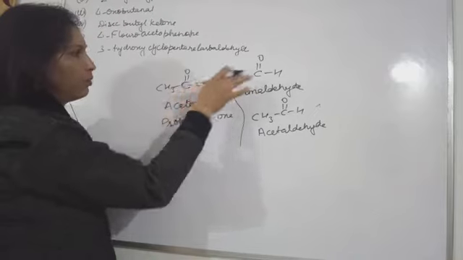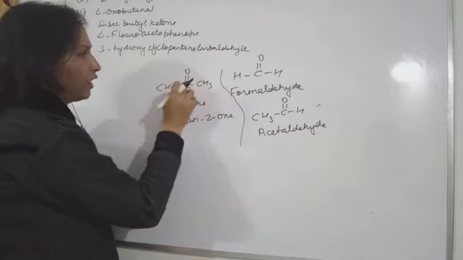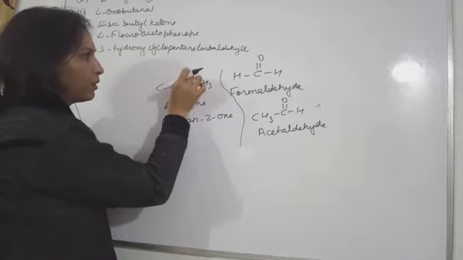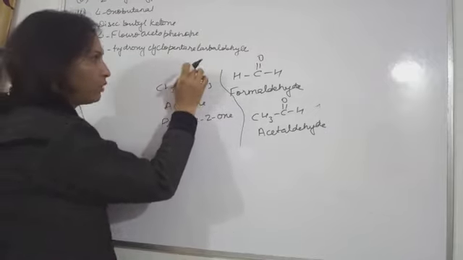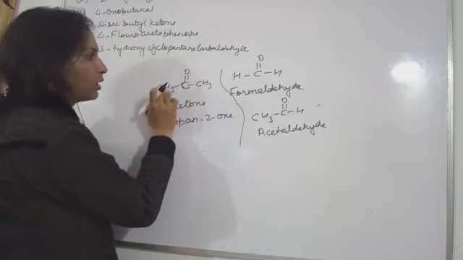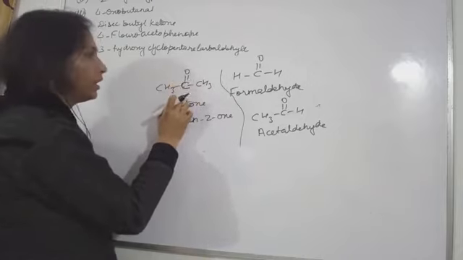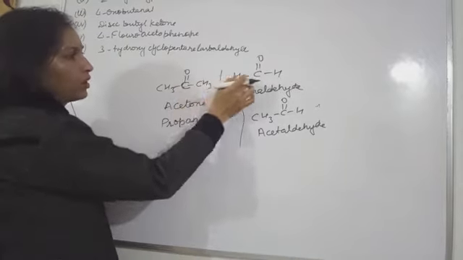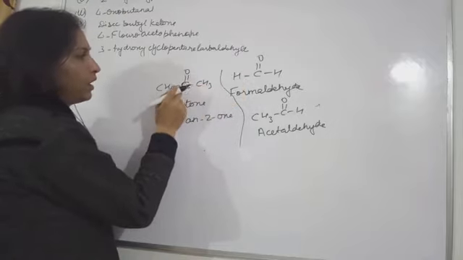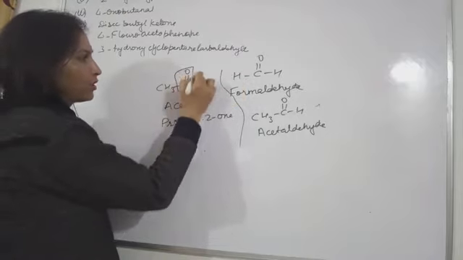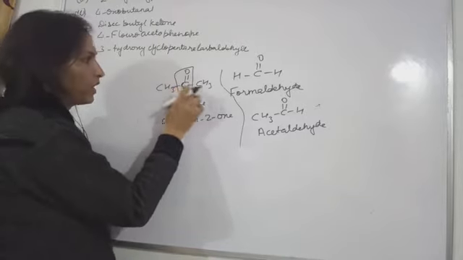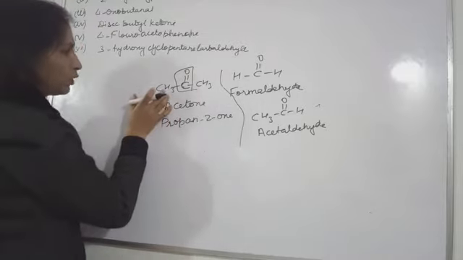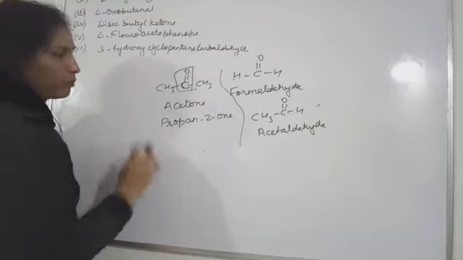That can be more than 2, meaning you may have a longer chain, but this functional group possessing carbon will be attached with 2 more alkyl groups, which can have many carbons.